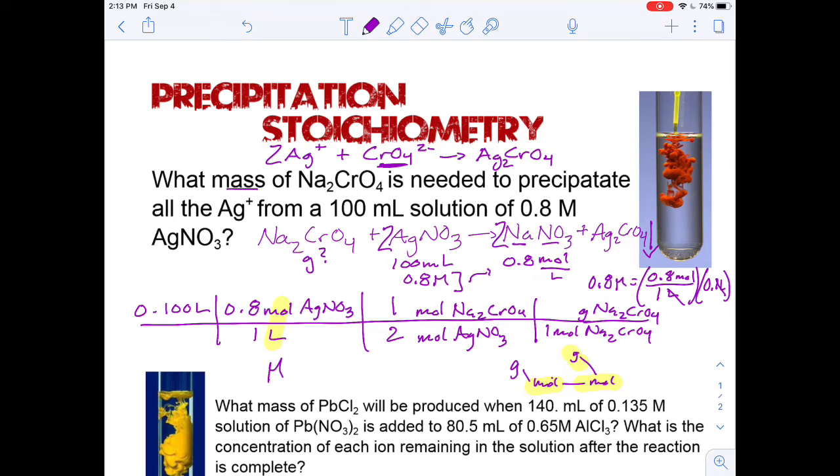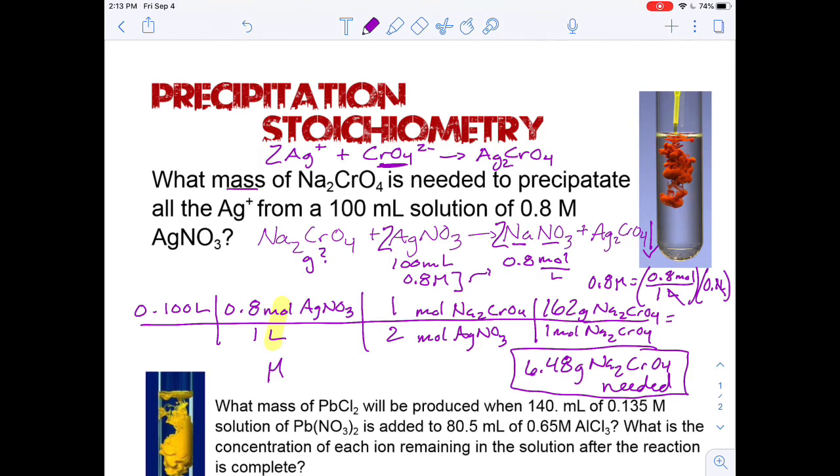If I do 2 times 23 plus 51.9, 52-ish, plus 16 times 4, I get 162. So I would need 6.48 grams of Na2CrO4.